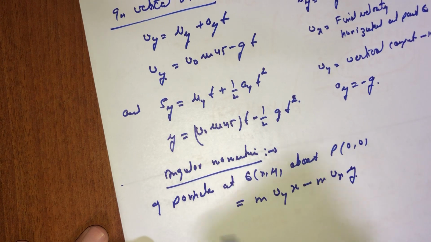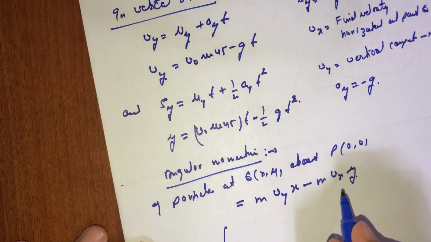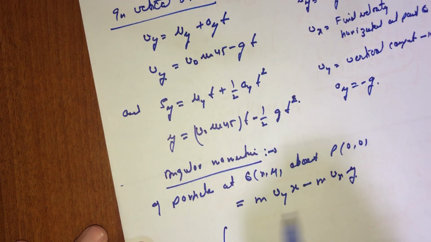So we take m as common and substitute the values of vy, x, vx and y.